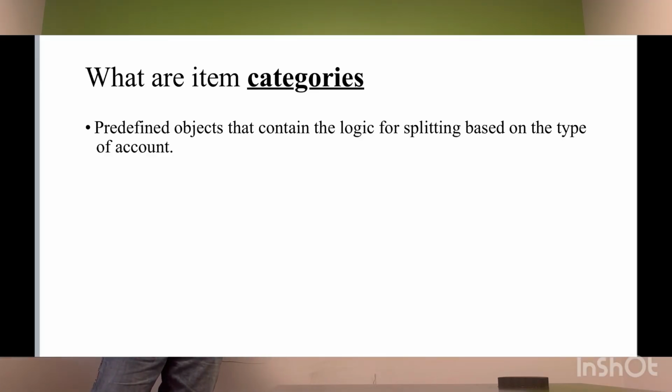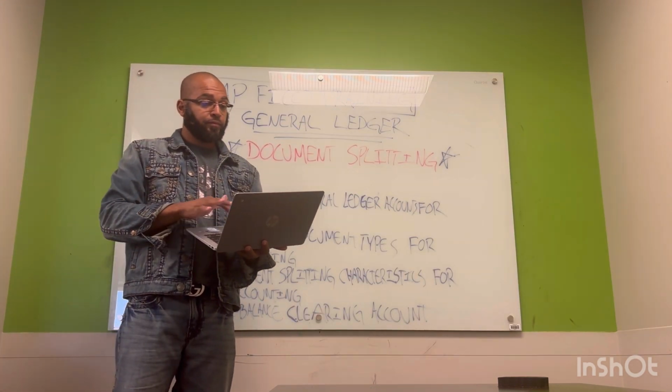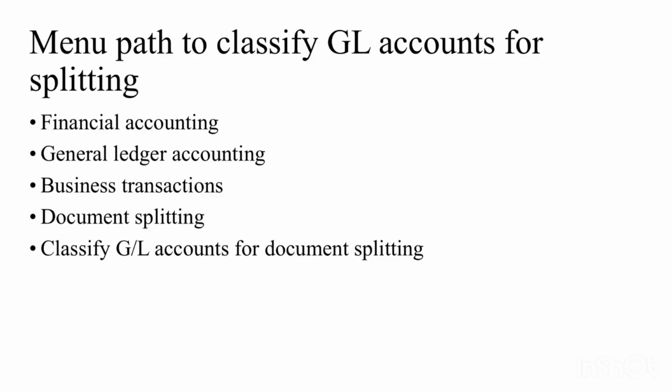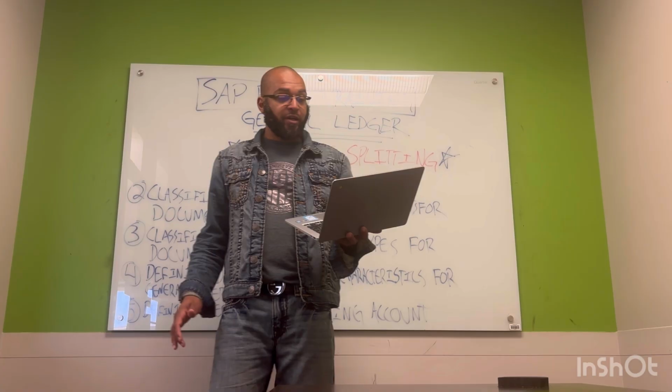What are item categories? Item categories are predefined objects that contain the logic for splitting based on the type of account. The menu path that we will follow to classify GL accounts for splitting is financial accounting, general ledger accounting, business transactions, document splitting, classify GL accounts for document splitting.